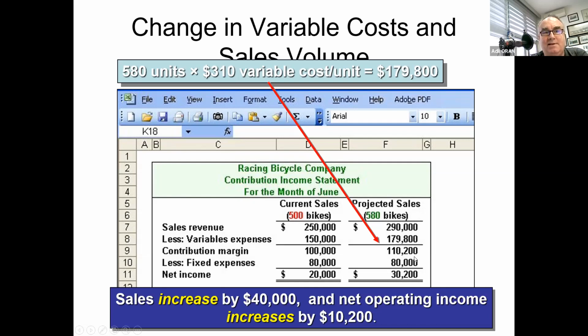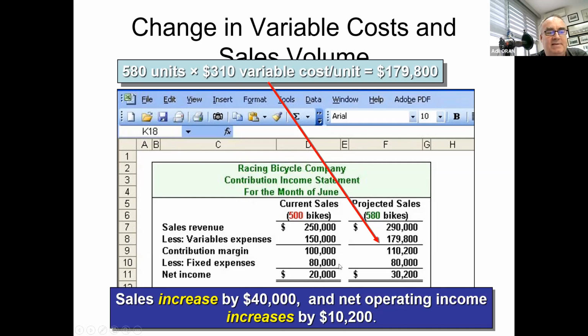How do we calculate this? Well, what is the new contribution margin? It is 500 minus 310. So contribution margin per unit used to be 200. Under the new case, it has just become 190 per bicycle. So I could have told you that the contribution margin is going to be 110,200 by saying, hey, 580 times 190 is what will give you this 110,200.